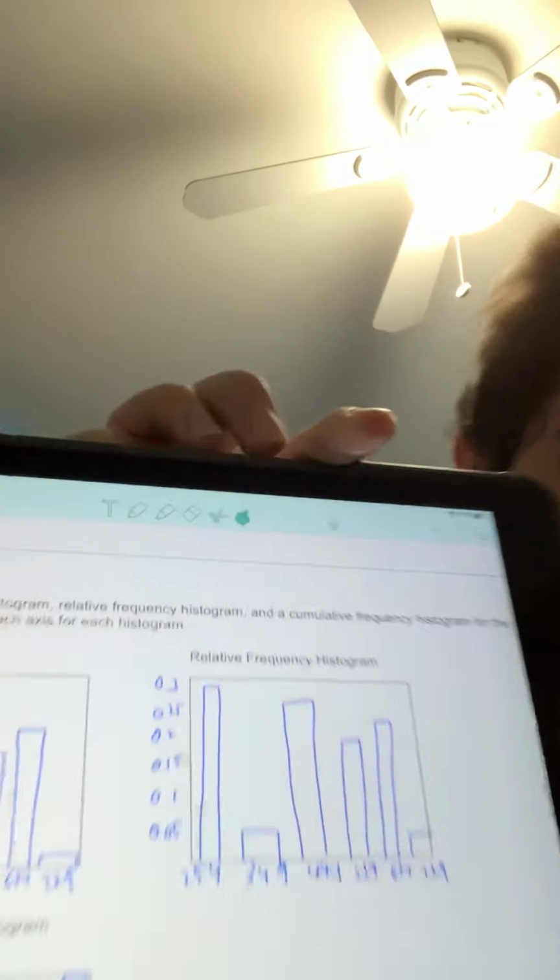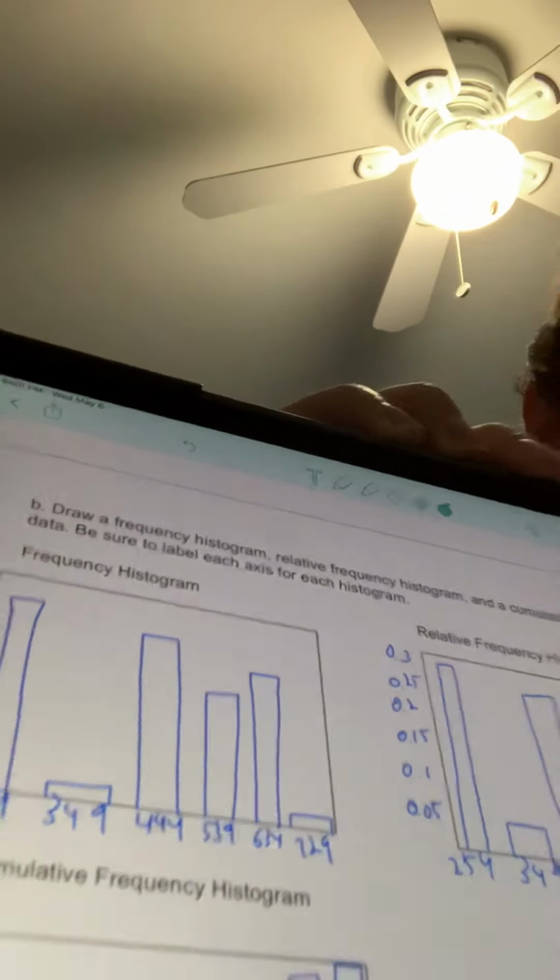And then we're going to take this information and graph it. The first histogram we are going to graph is the frequency histogram. The x-axis should be your numbers in the interval. So we started at 254 and went all the way up to 729.